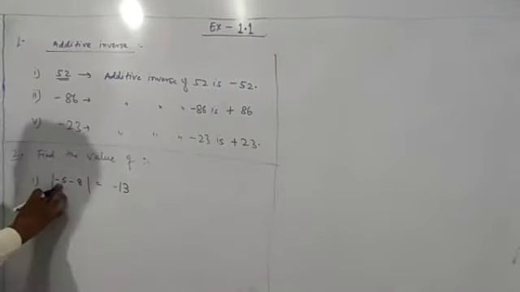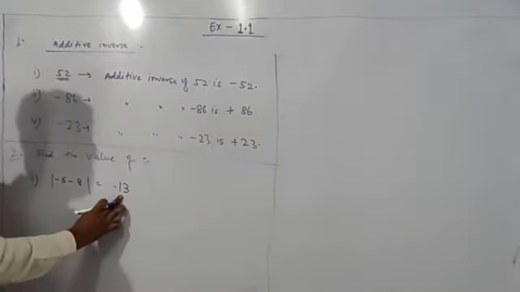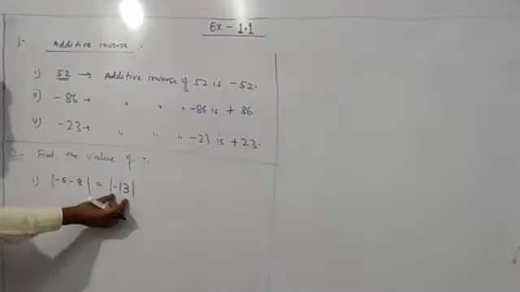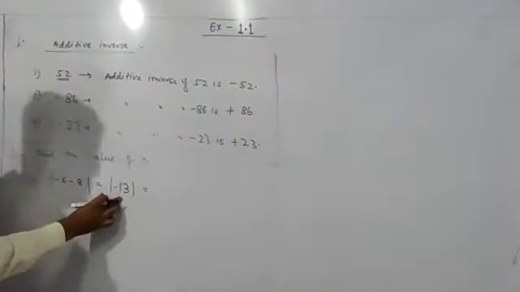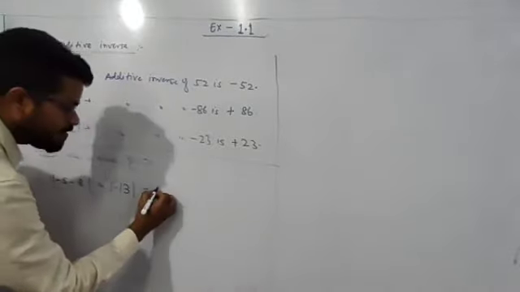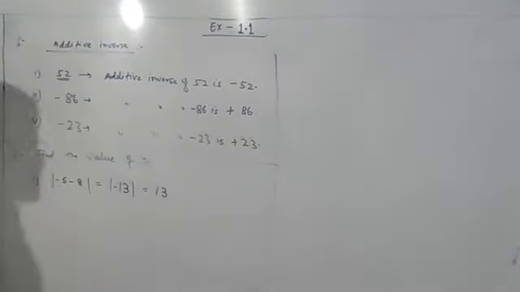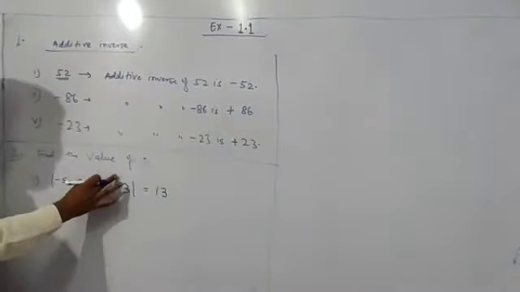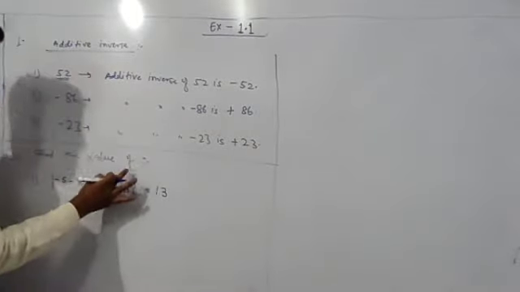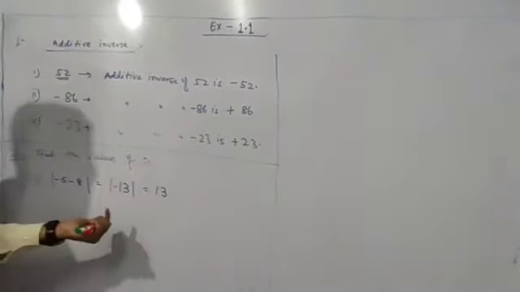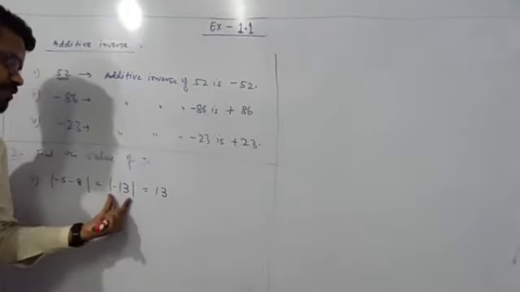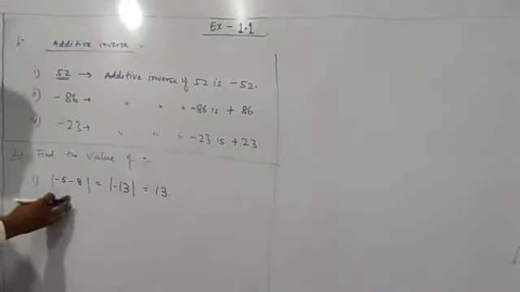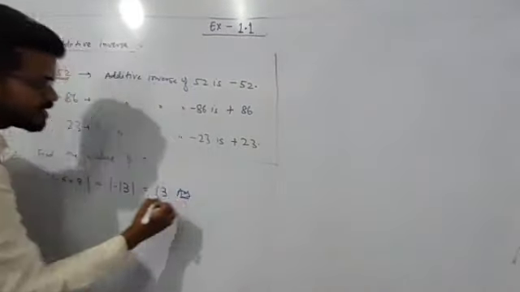So the value of -8 -5 is -13, and this is within the mod. When this value comes out of the box, the final result is 13. When any value, negative or positive, comes out of the mod, it is always positive. So the answer is 13.